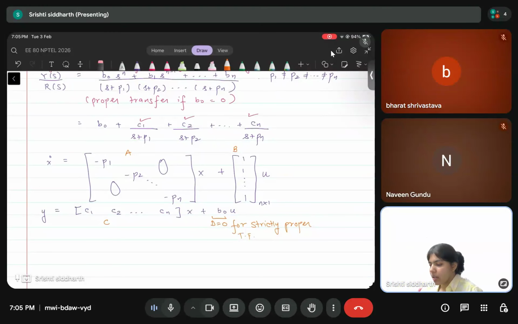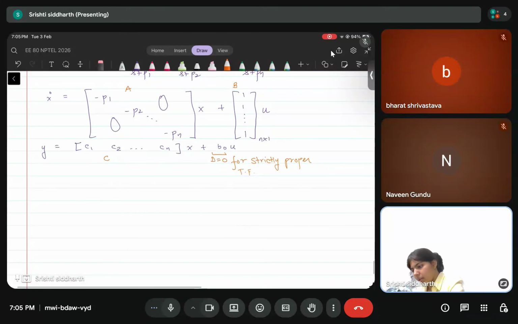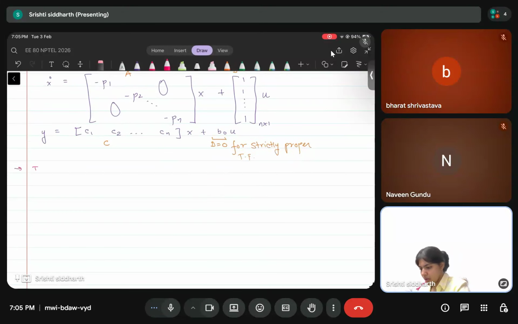Now let's look at the state space form if there are multiple eigenvalues at the same location in the s-plane. In that case, we'll have a block diagonal form in the A matrix. This is the Jordan canonical form.